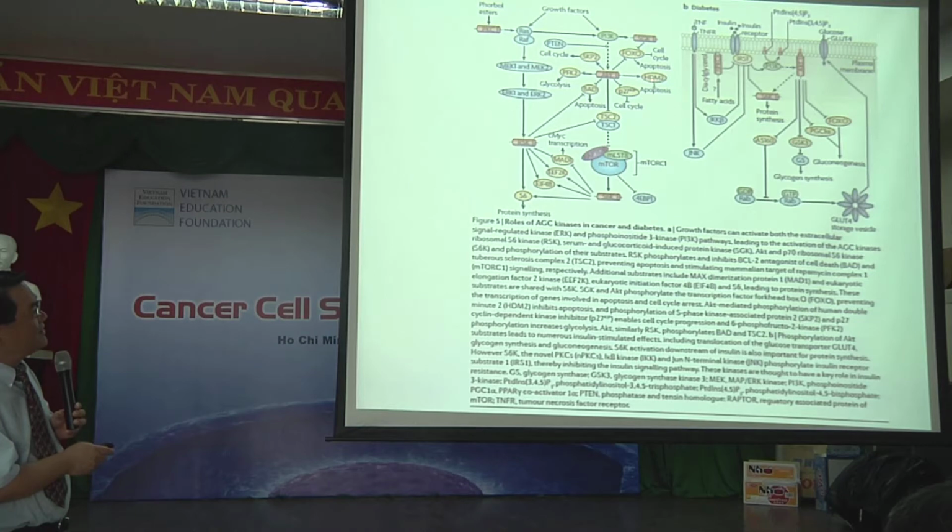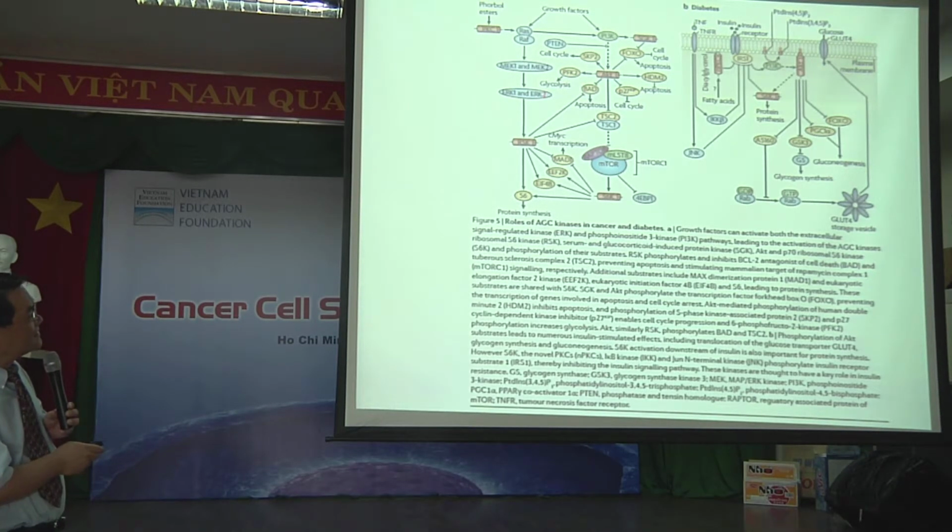They have an impact on MDM2, an impact on FOXO, a transcription factor involving cell cycle and apoptosis. They will regulate SKP2, regulating PFK2, involving glycolysis. AKT regulates TSC1, TSC2 to enhance mTOR kinase activity.